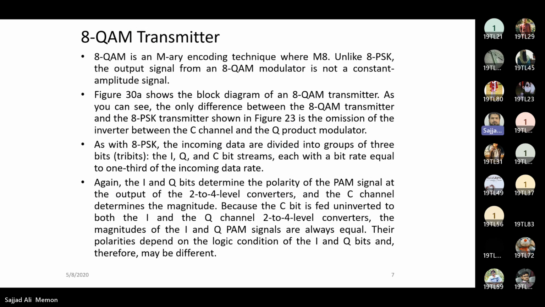Again, the I and Q bits determine the polarity of the PAM signal at the output of the 2-to-4 level converters, and the C channel determines the magnitude, because the C bit is fed uninverted to both the I and Q channels. The magnitudes of the I and Q PAM signals are always equal. Their polarities depend on the logic condition of the I and Q bits and therefore may be different.